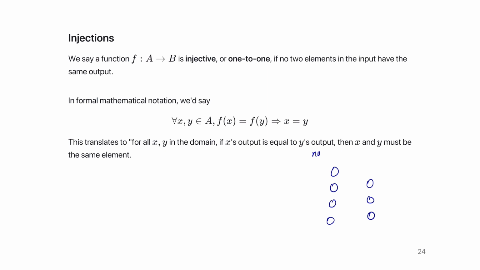So no two arrows point to the same one. Let's see. I can point this one to this one, this one to this one, this one to this one. Aha! Now I'm stuck. Is it possible for me to have an injection between these two sets? No. Because what would I map the fourth element in the domain to?